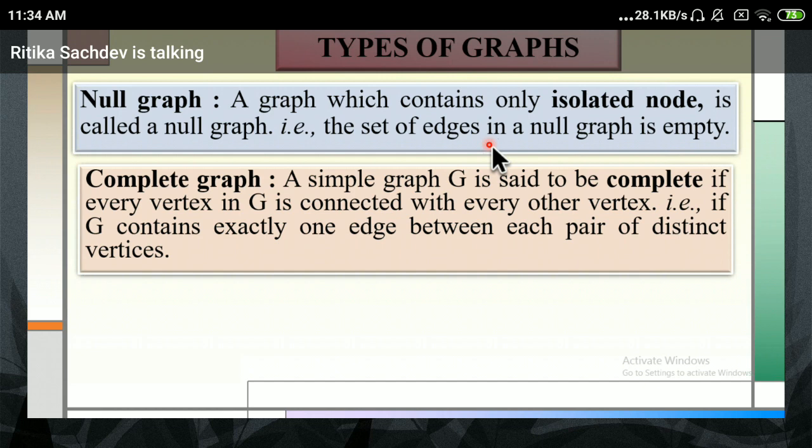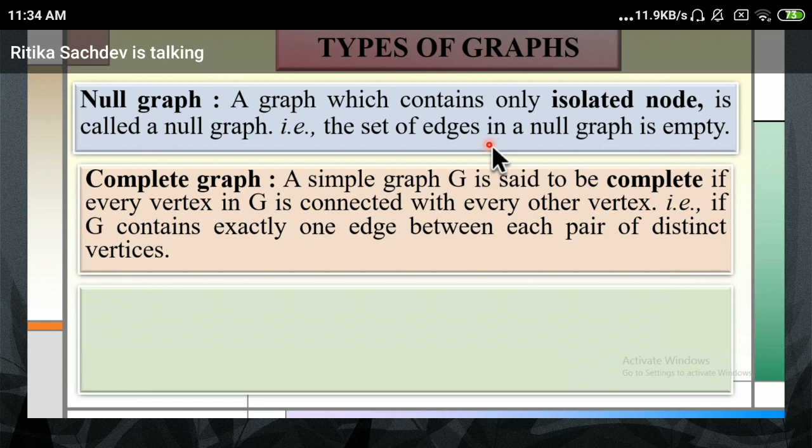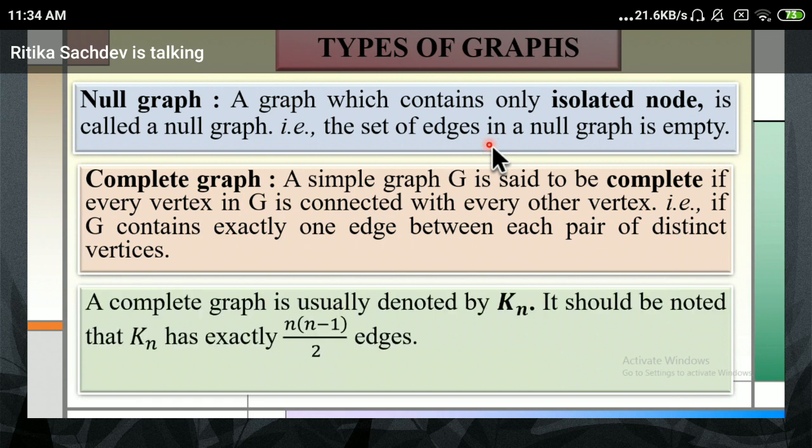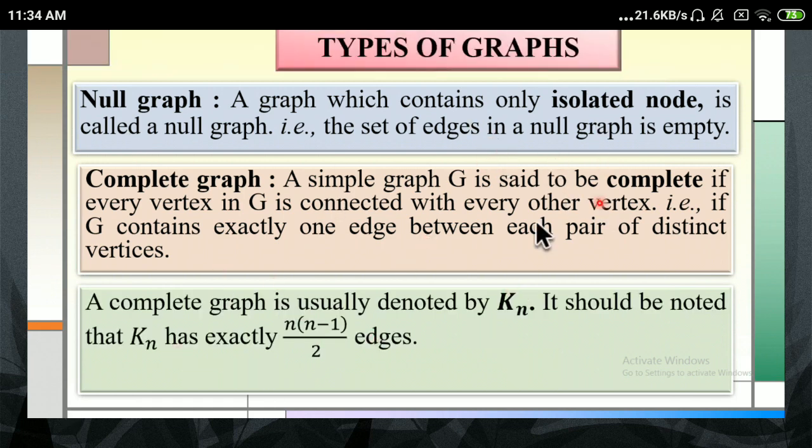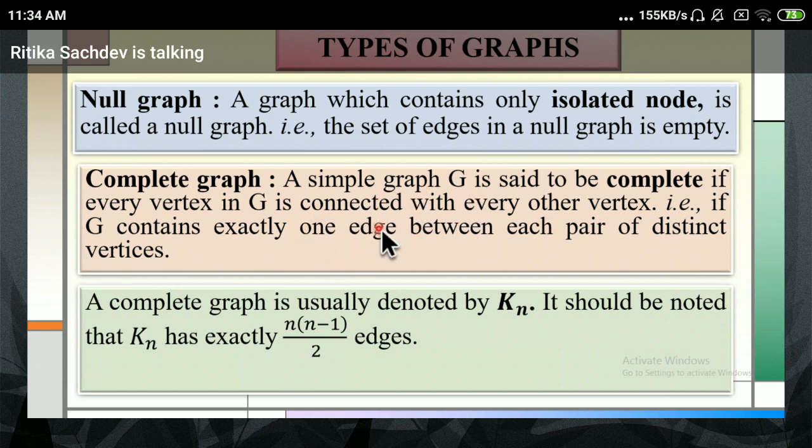And then what is the complete graph? A simple graph G is said to be complete if every vertex in G is connected to every other vertex. That is, if G contains exactly one edge between each pair of distinct vertices. And we have seen this. If you have n vertices and all are to be connected to each other, then the total number of edges will be n into n minus 1 by 2.